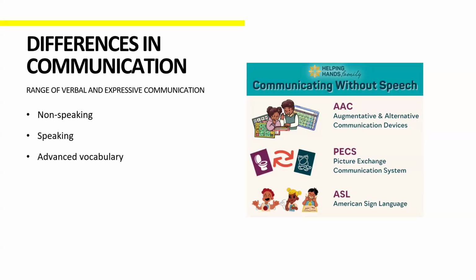Some learners are non-speaking, some are speaking, and others have advanced vocabularies. Those who are non-speaking sometimes use AAC devices or PECs to communicate. Having these alternative options for communication can lead to a reduction in problem behaviors as the learner is more easily understood when attempting to get their wants and needs met.